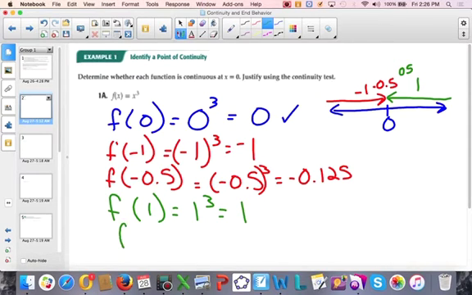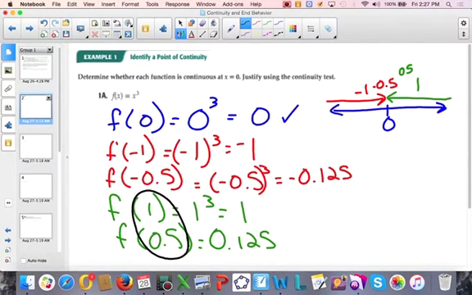When I evaluate f of 0.5, I get 0.125. And once again, as my x's are getting closer to 0, my function values are also getting closer to 0. So that's another part of the continuity test.